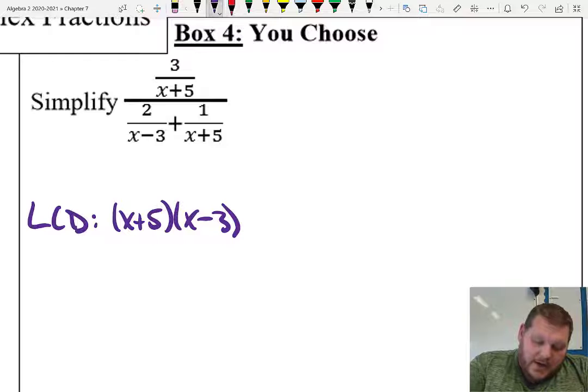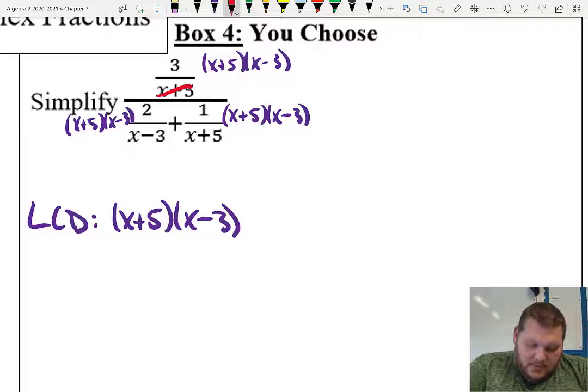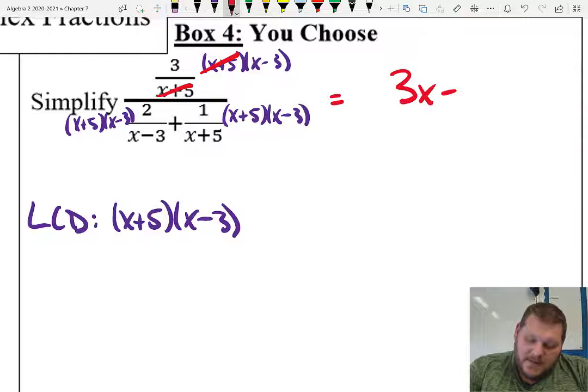So I'll go ahead and just multiply x plus 5 times x minus 3, x plus 5 times x minus 3, x plus 5 times x minus 3, and now cancel whatever's in common. X plus 5s go away. Up top we've got 3 times x minus 3, so that's 3x minus 9.